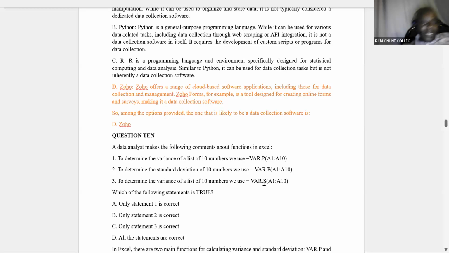Now listen, there is a disclaimer here. What if, for example, ladies and gentlemen, we are given these 10 things, and the 10 things you're given are exactly the whole population? In that case, will I use var.p or var.s?